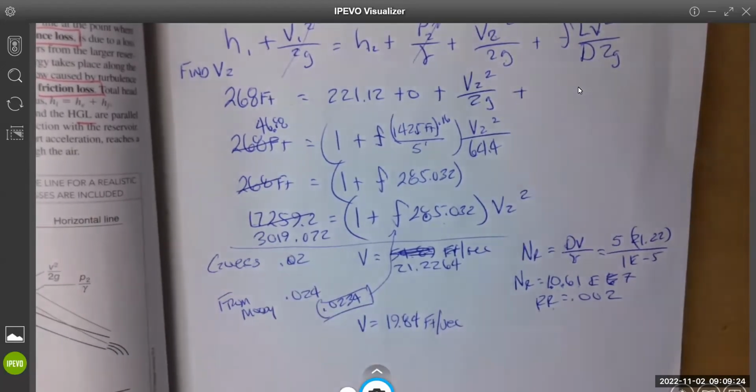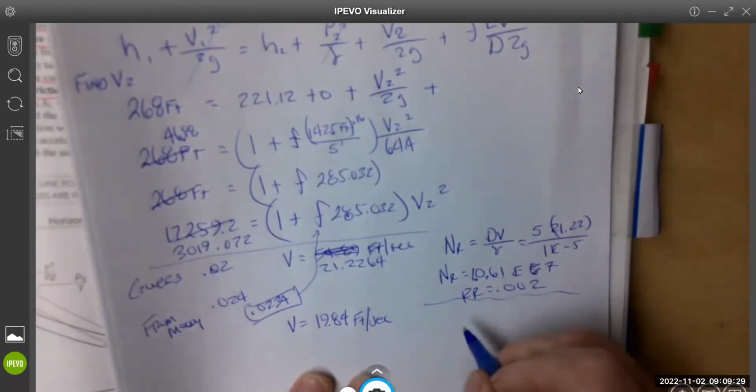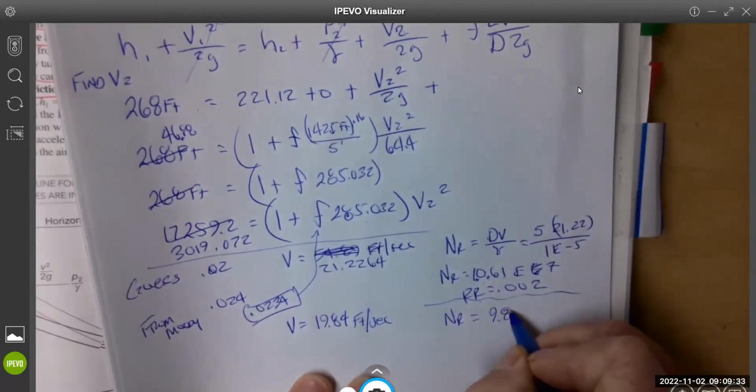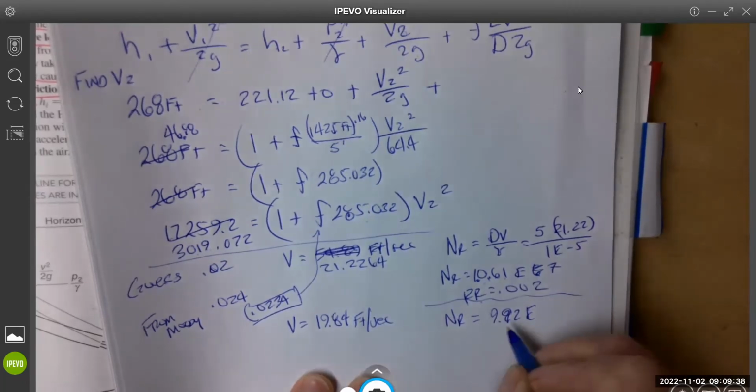Did we get a new Reynolds? 9.92 e to the 6.